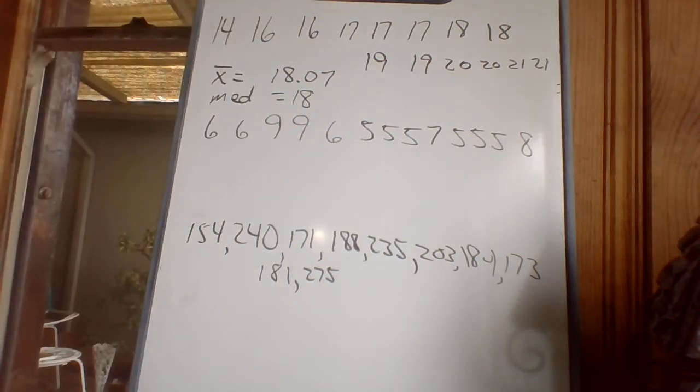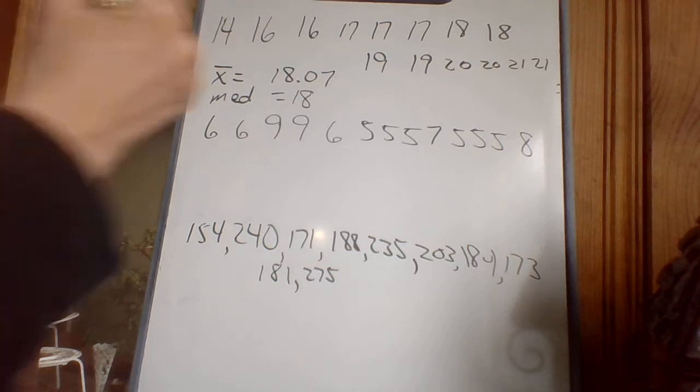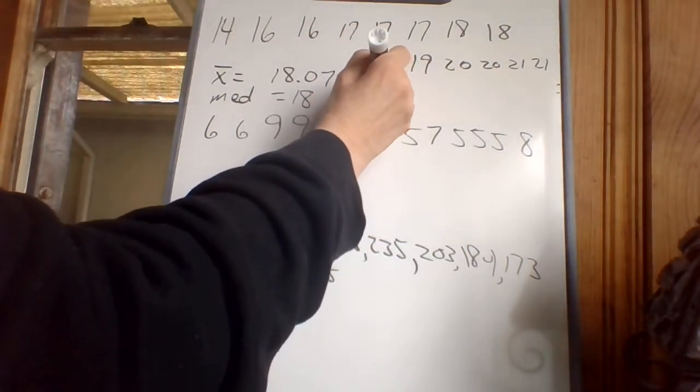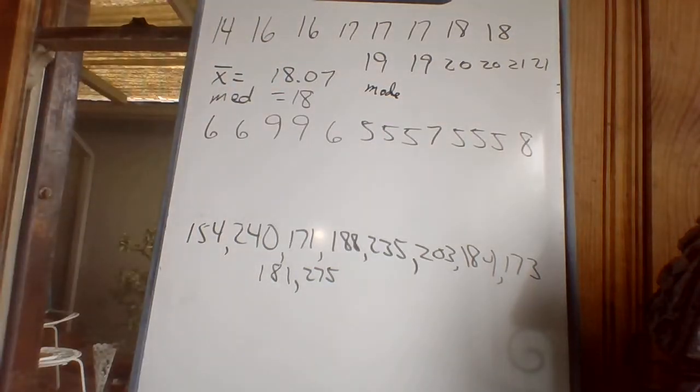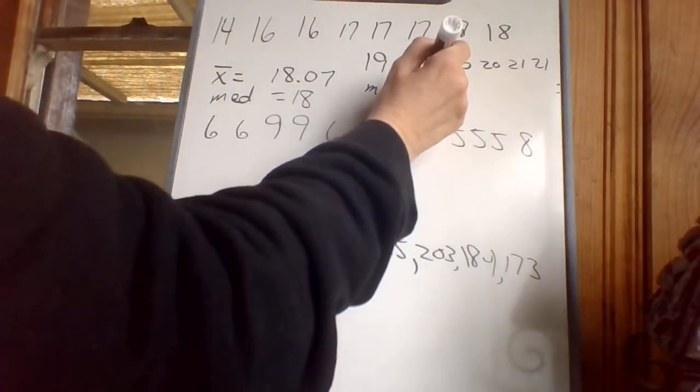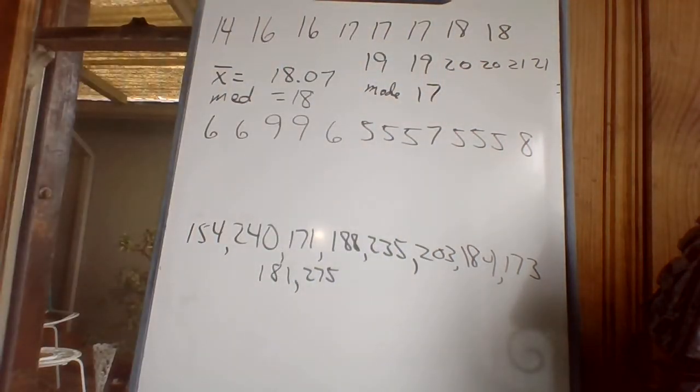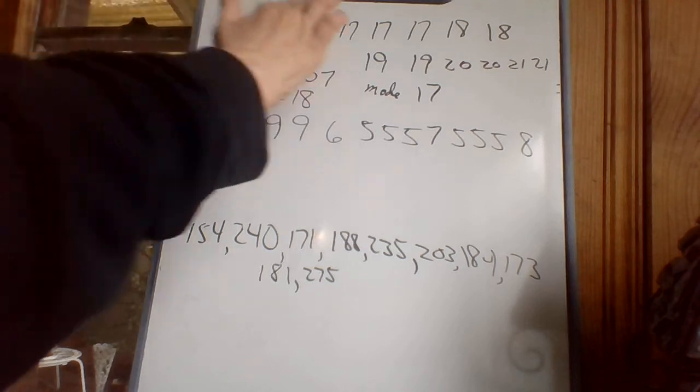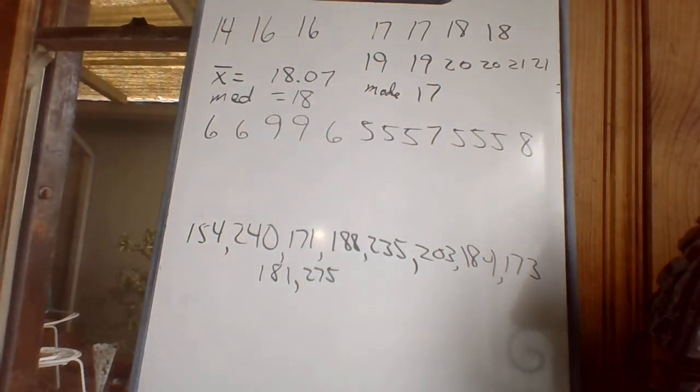All right, mode. There's a whole bunch of them that have 2. But 17, wait, 17's got 3. So 17 is the mode because there's more of that than there is in the others. Well, what if that one hadn't been there? I'd probably say no mode.